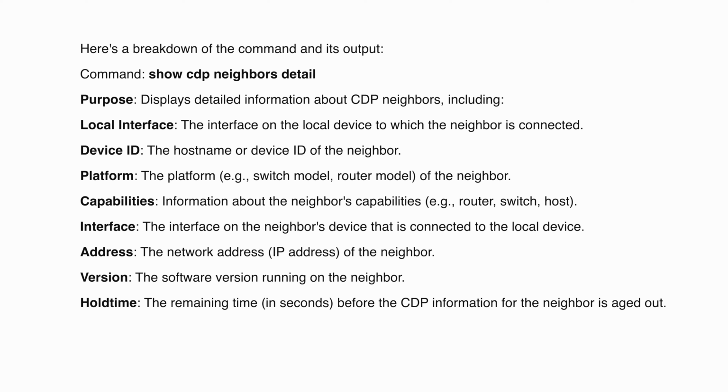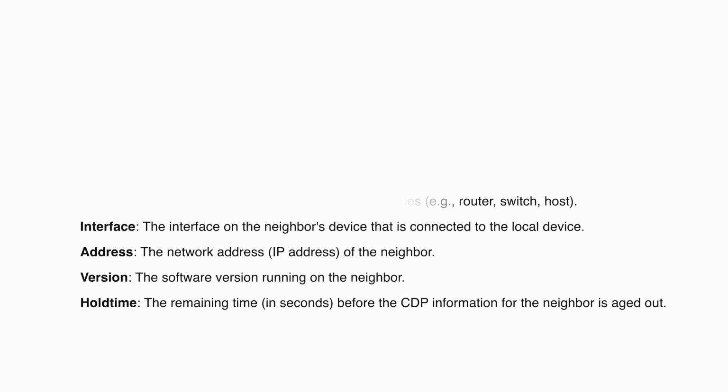The purpose behind this is to display detailed information about CDP neighbors that includes: local interface, the interface on the local device to which the neighbor is connected; device ID, the host name or device ID of the neighbor; platform, which includes the switch model or router model of the neighbor; capabilities, information about the neighbor's capabilities, that it might be a router, a switch, or maybe a host; interface, the interface of the neighbor device that is connected to the local device; address, the network address, IP address of the neighbor; version, the software version running on the neighbor; and last, hold time, the remaining time in seconds before the CDP information for the neighbor is aged out.